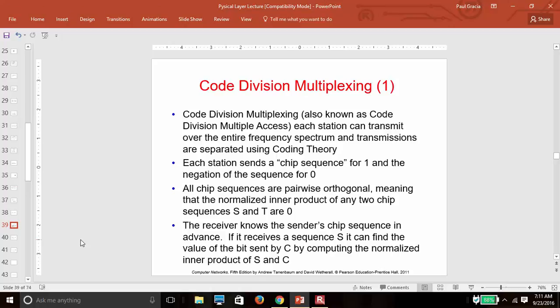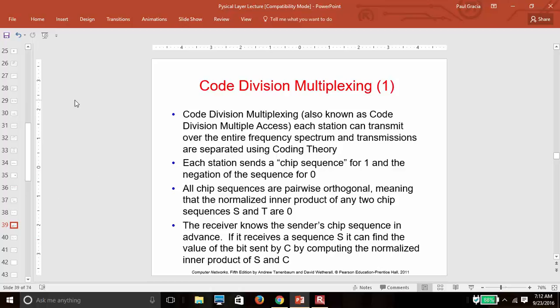Time division multiplexing is basically everyone taking turns to talk. If you have a bunch of people in a room talking, each person takes turns. Frequency would be almost like different people are talking in a different pitch or different tone, so you can differentiate the voice of the person you're talking to versus the voice of somebody else.